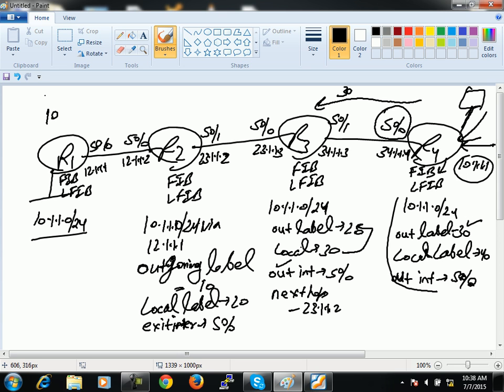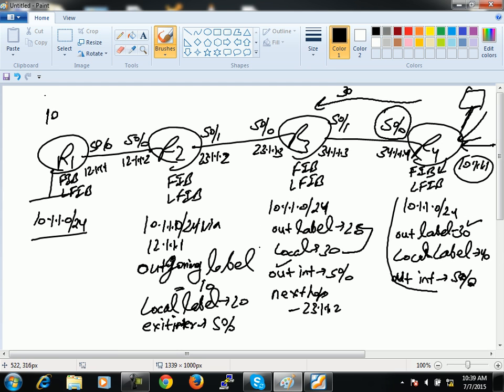Check it out. Does it require opening its IP header now? See, this entry will be there in its LFIB, that if it receives any packet with label number 30, then it has to replace it with label number 20, and send it out from S0/0. This mapping is already there. So this time R3 is performing swapping.